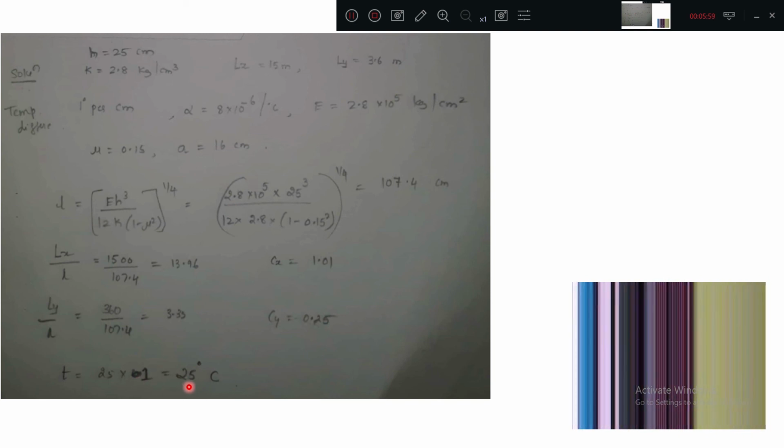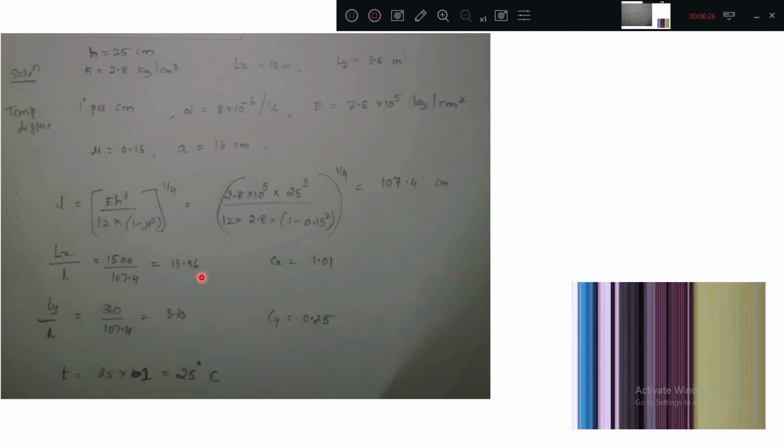T is 25, Lx Ly 13.96. I think it is a different problem. Okay, some values are changed. K is given, Lx Ly, 1 degree per centimeter given, alpha, E, mu, A. Small l formula, substitution, value 107.4.